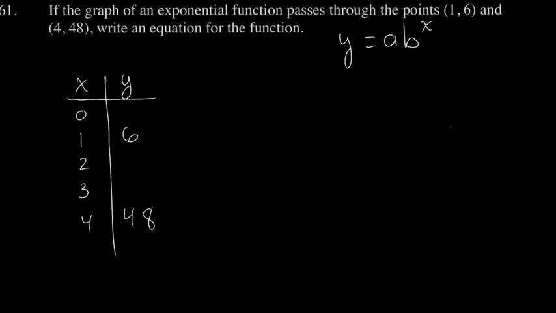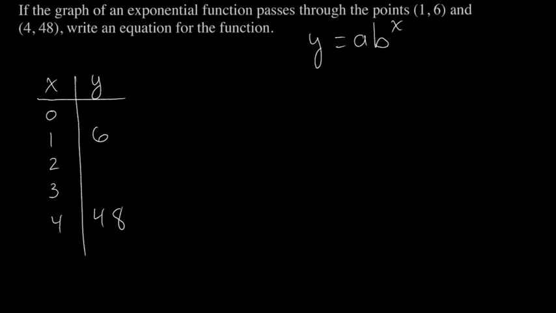So two ways to do this, and I've illustrated both ways. One of them is to just reason with the table. If you're comfortable with that, I encourage you to think about the table, but I'm going to write a system of equations and solve it. It turns out I have two different x, y values: x is 1, y is 6 from one, x is 4, y is 48 from another. I'm going to write two different equations.